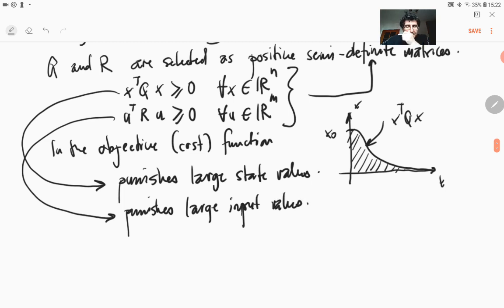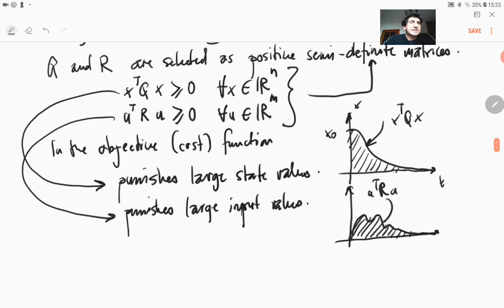If we think about another function, this time u transpose Ru, and let's say it does something in order to drive the states to 0, the smaller this term, the smaller its contribution to the cost. So in order to minimize the cost, we are trying to use the smallest possible input to be able to drive the states to 0.